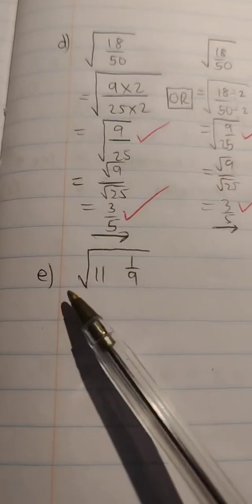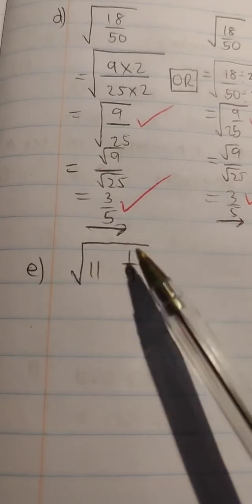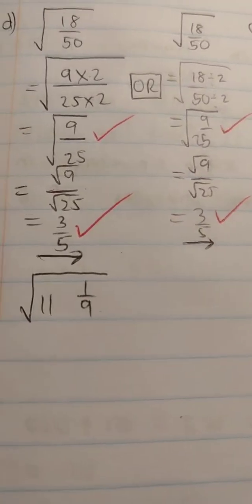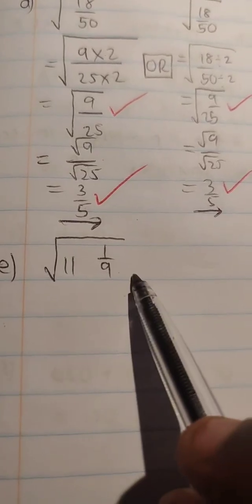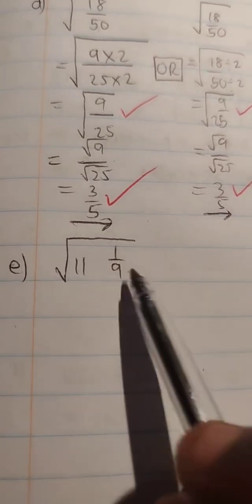Okay, let's continue. 11 1 over 9, the square root of 11 1 over 9. Now this square root here, we can first convert the mixed number to an improper fraction.